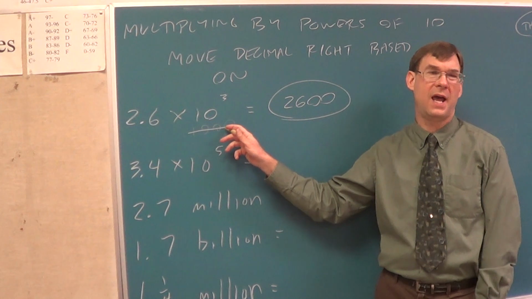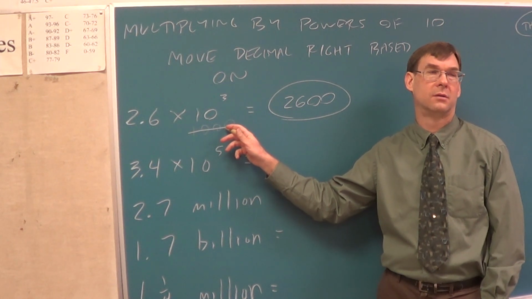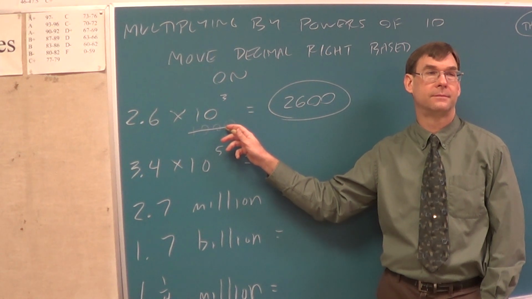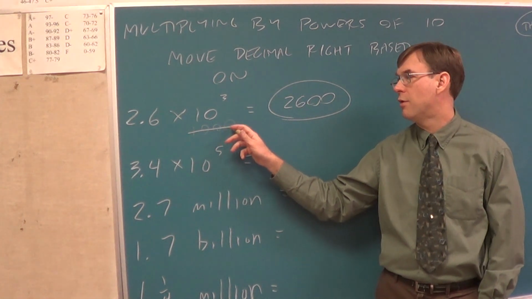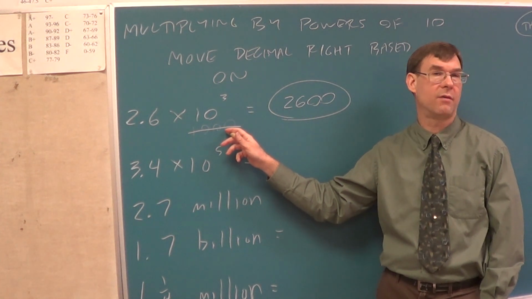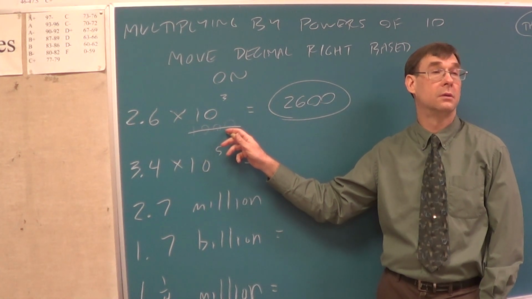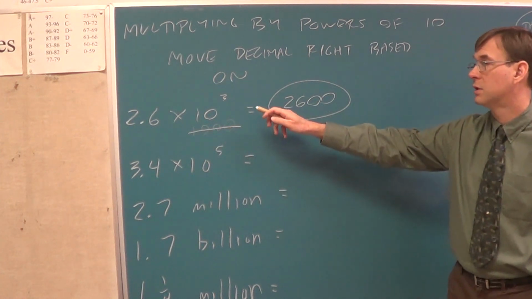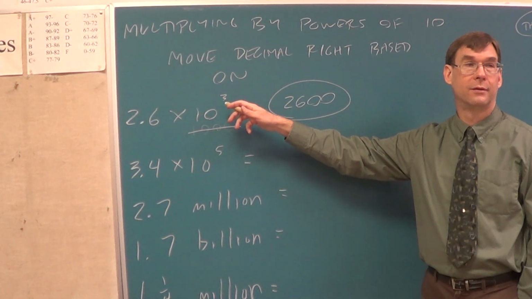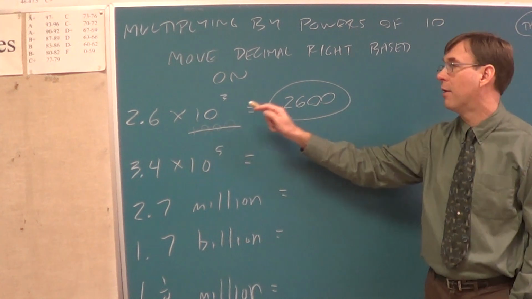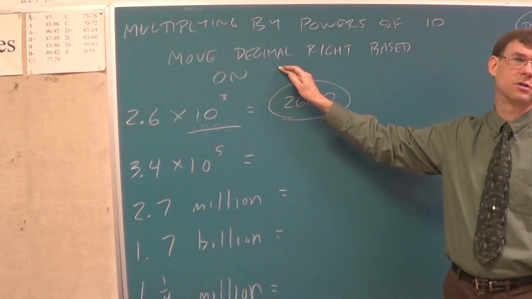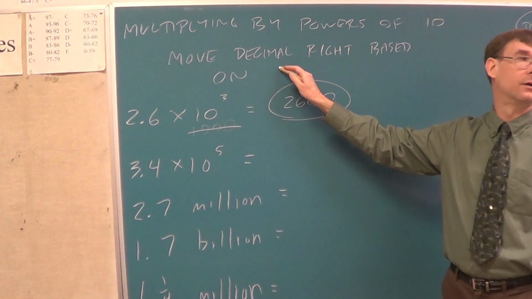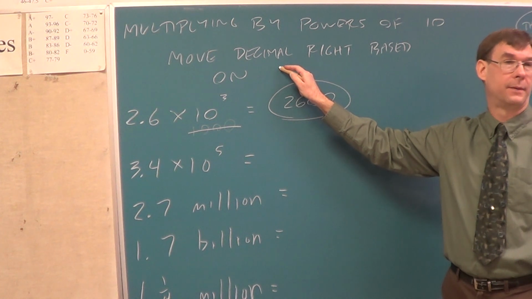What could we move today based on? How could we know that we're going to move 3 places without even writing this out? The power. What is it also called? Another word for power.